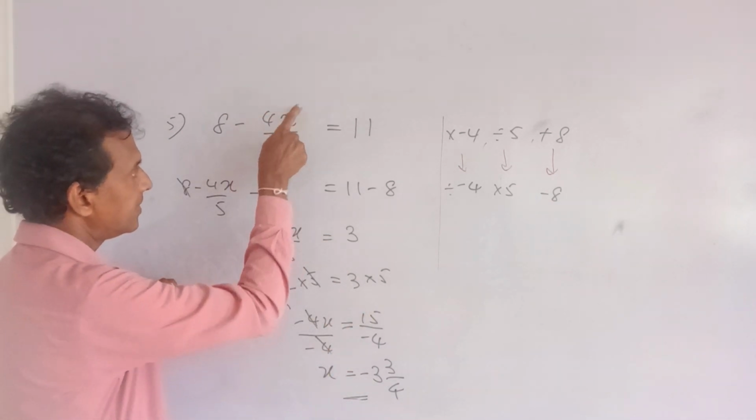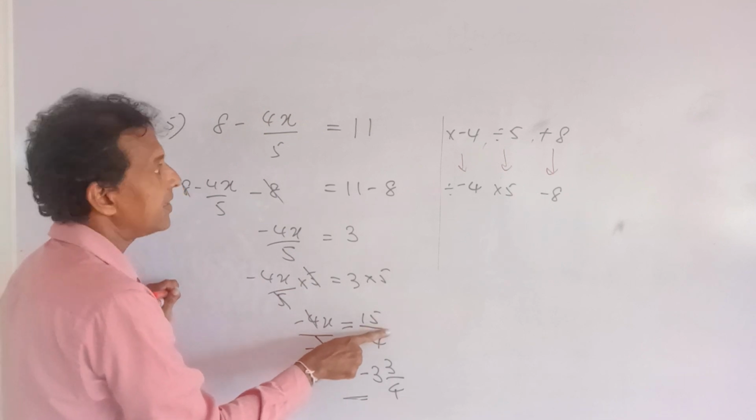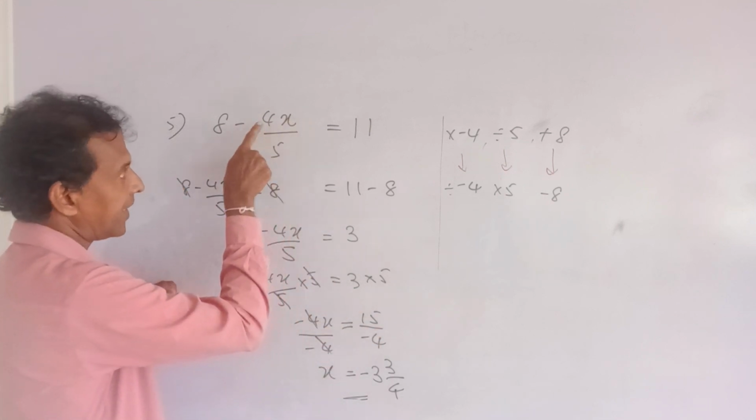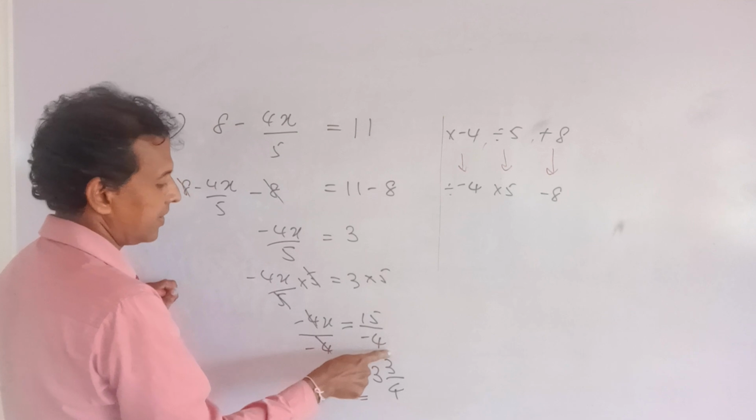But since it is a fraction here, it will get a little complicated, but still you can write 4 multiplied by 15 over 4.